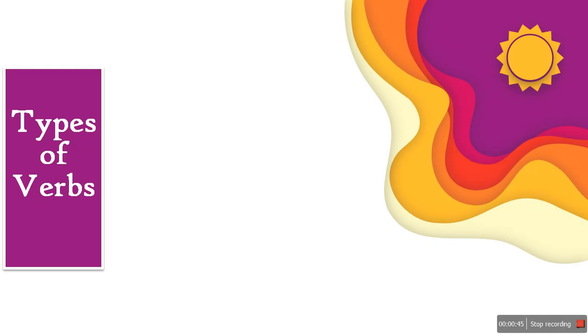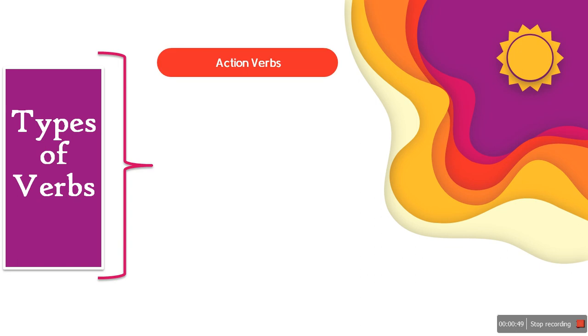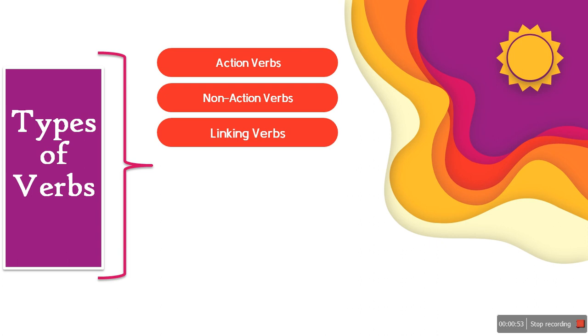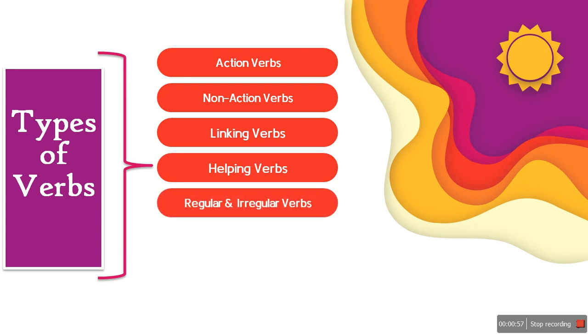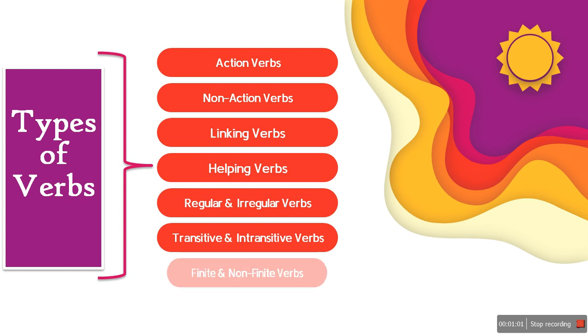In the last class, we learned these types of verbs: action verbs, non action verbs, linking verbs, helping verbs, regular and irregular verbs, transitive and intransitive verbs, and finite and non-finite verbs. Out of all these types of verbs we learnt action verbs, and we learnt non-action verbs.